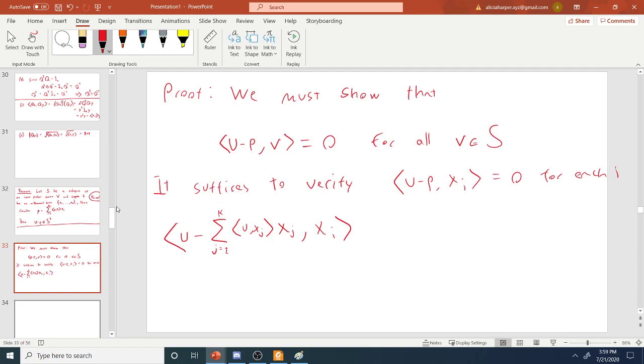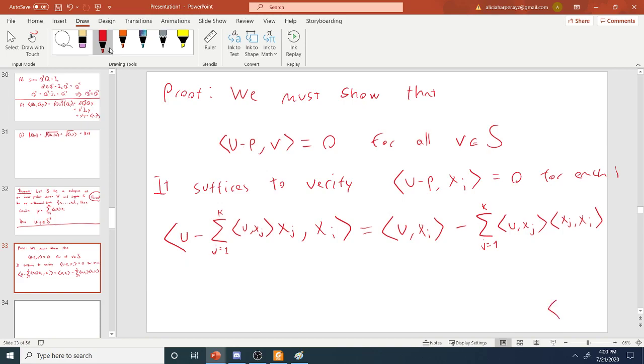So I can use the linearity of the first argument of the inner product to show that this is the same thing as the inner product of u with xi minus the sum from j equals 1 to k of the inner product of u with xj times the inner product of xj with xi.